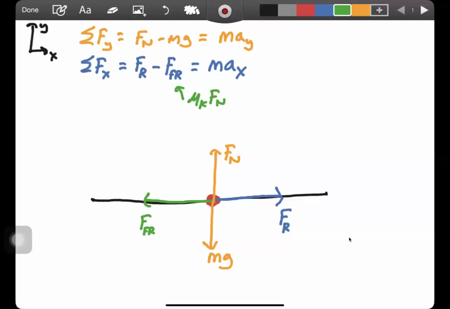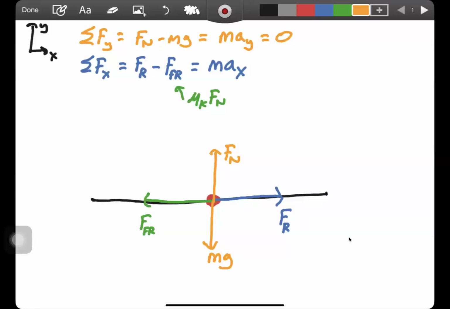And so we can unpack this more because if we look in the vertical direction, if we don't have any motion going on in the vertical direction, then we can say that there's no acceleration, which means that there is a sum of forces in the vertical direction that equals zero by Newton's second law.